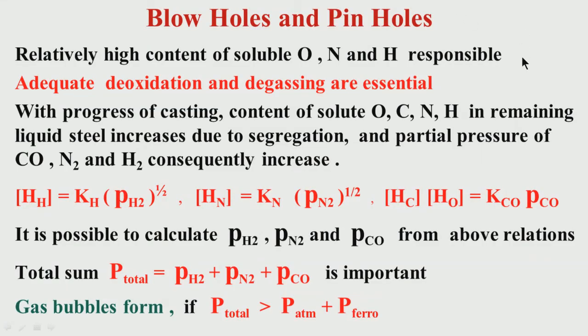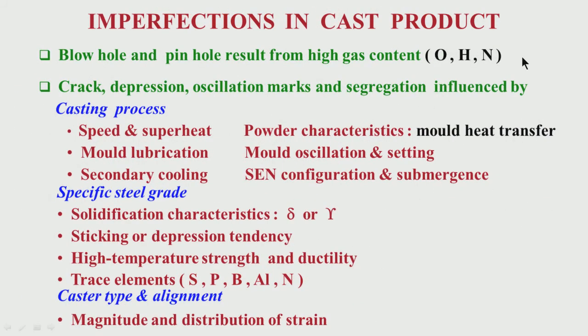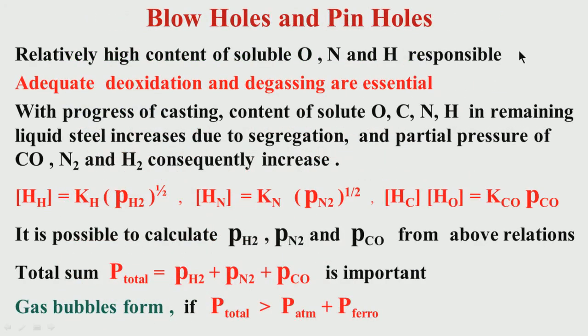Now, I will try to discuss why blowholes and pinholes are created. I have told you here that blowholes and pinholes basically come from the gas content; this is one type of defect. Now, to what extent we can control them, we will discuss. Relatively high content of soluble oxygen, nitrogen, hydrogen, I have mentioned this.